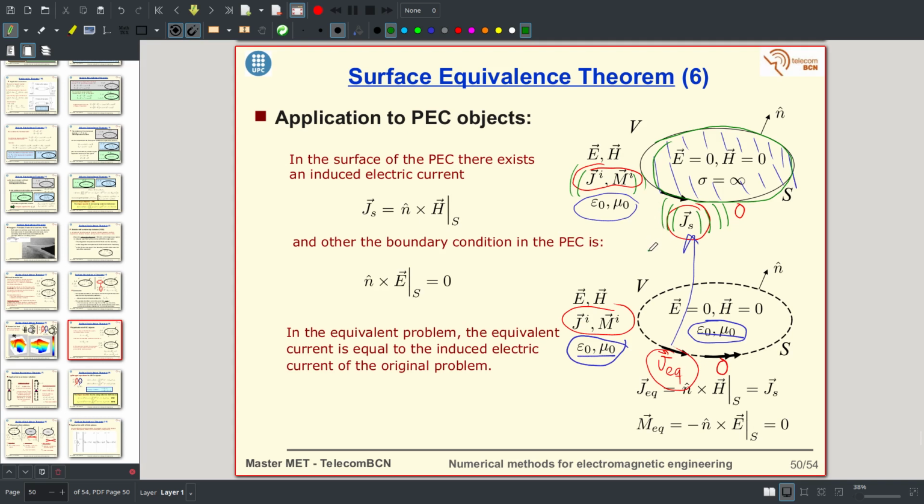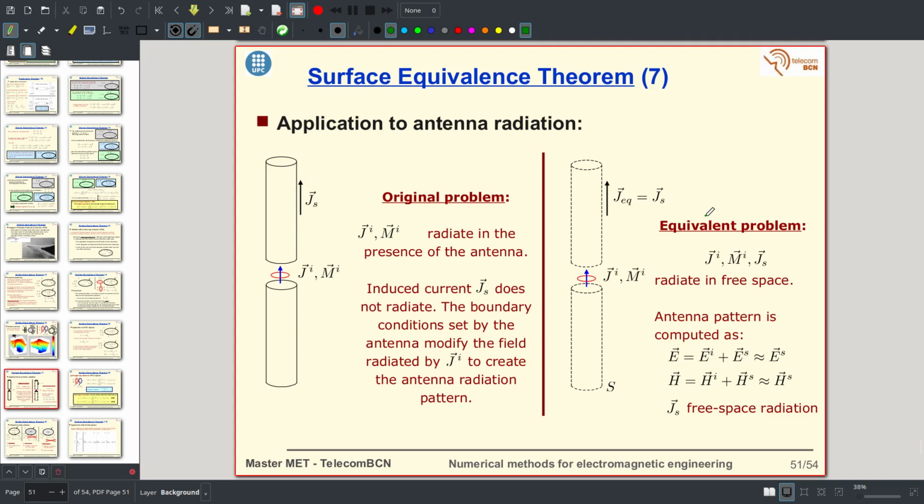We are, in fact, setting an equivalent problem and computing the radiation of the equivalent sources in free space in the equivalent problem, and it just turns out that the equivalent sources are the same as the original sources, but they radiate in free space. To clarify this, I have a slide specific for the case of antennas, which I think is a good example, because it's an example that you already know from your courses on telecom engineering and your antenna theory courses.